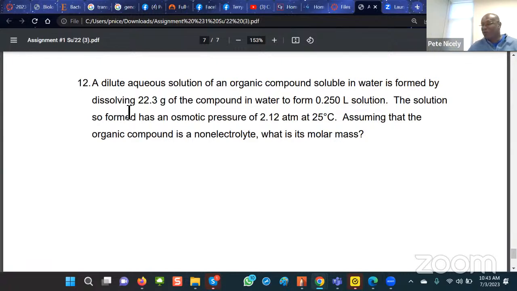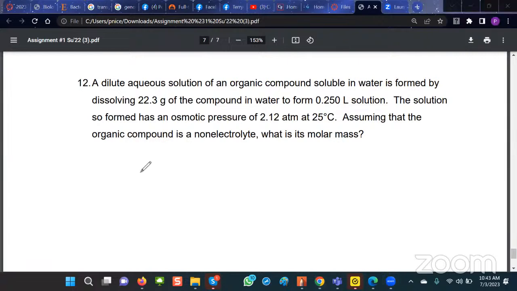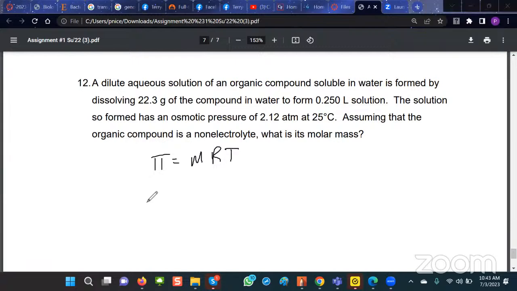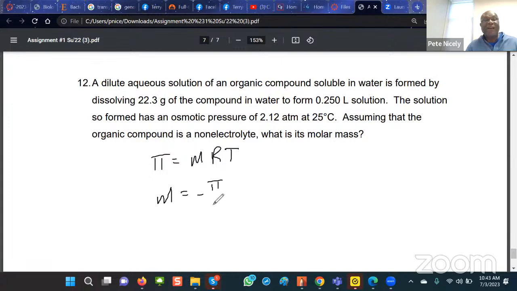So how would you tackle this problem? Wouldn't you have to rearrange the formula first? So this is the formula right here. How would you rearrange this? M equals pi over RT. M is equal to pi divided by RT.